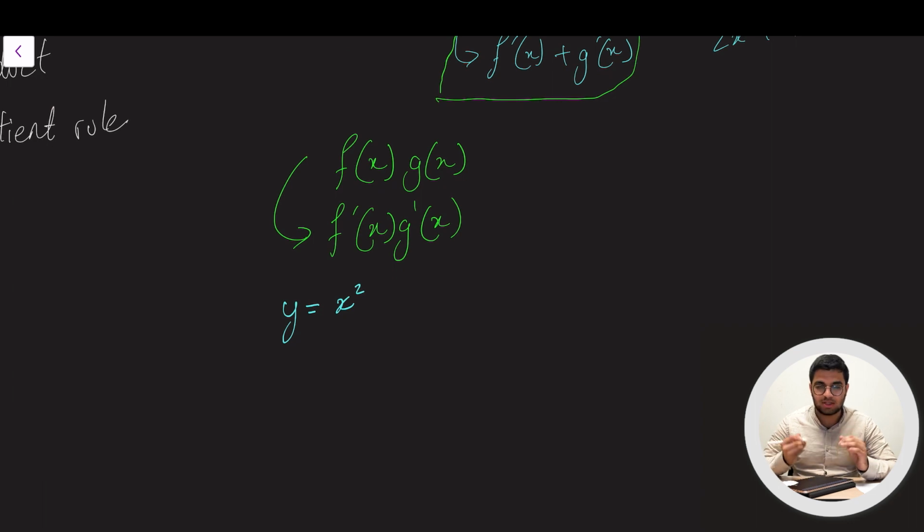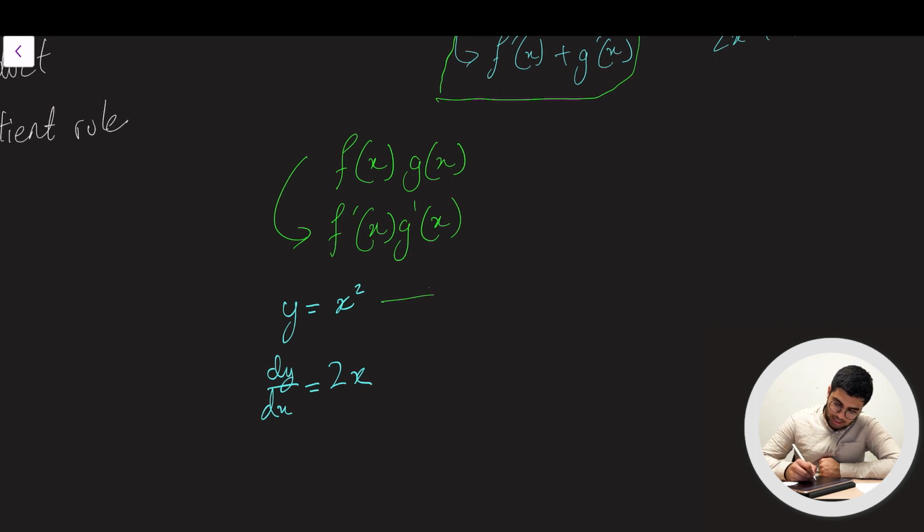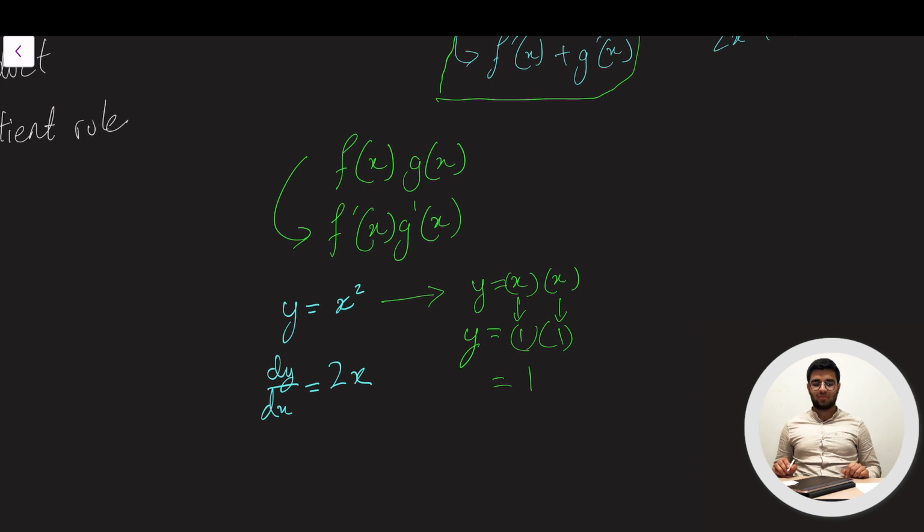Without too much thinking, you can come up with this example: y is equal to x squared. When you differentiate that, we know that the derivative is 2x. But if we write it as x times x and use the conjecture we made up, the derivative of this is 1, the derivative of this is 1, so you're left with 1.